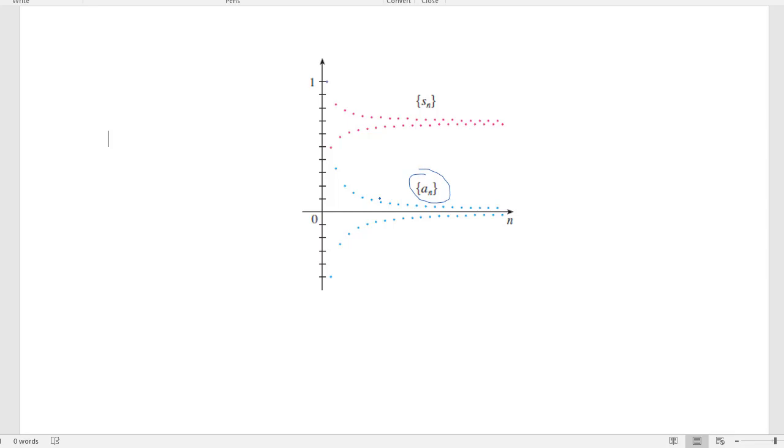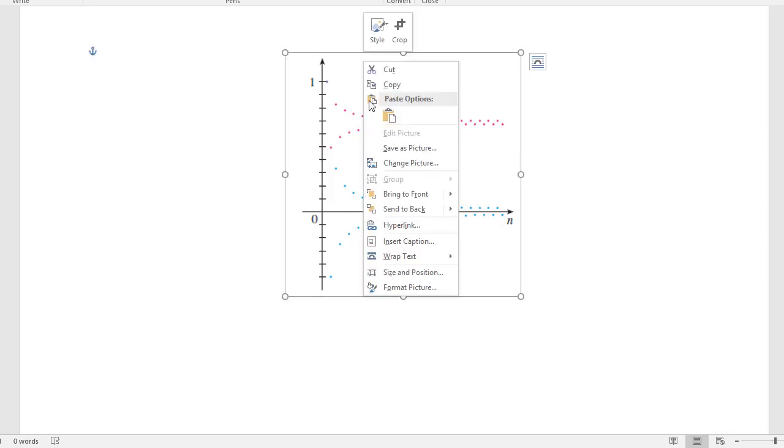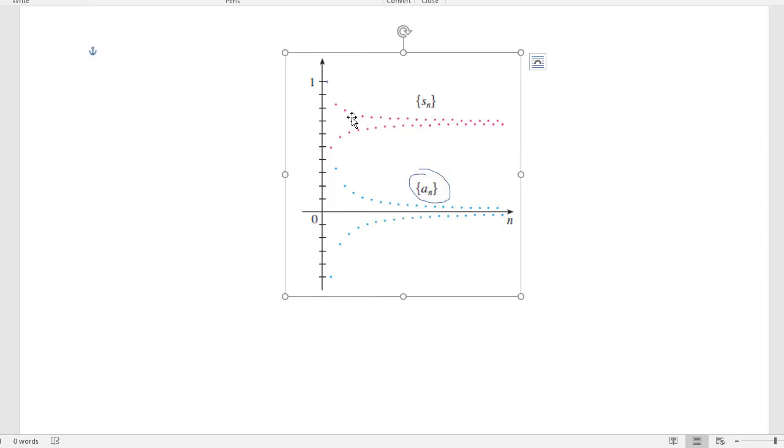This is the alternating series. So we see a positive term, negative term, positive term, negative term, and so on and so forth. If the terms are decreasing in absolute value, and they're going to 0, then the sequence of partial sums will alternate but converge.